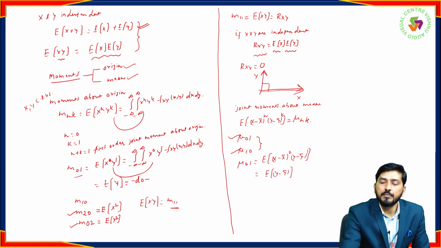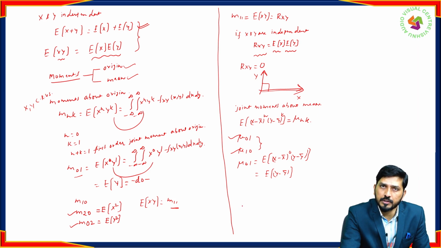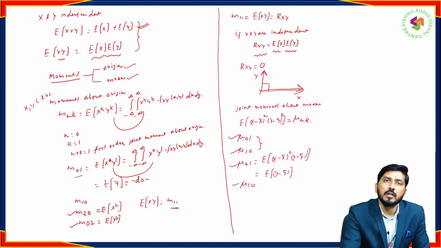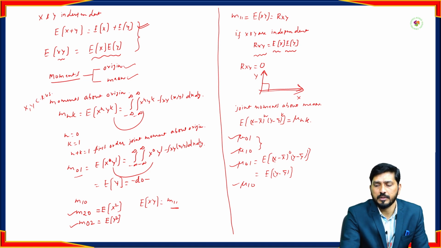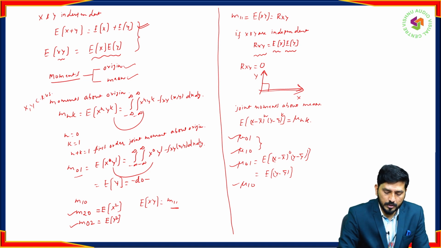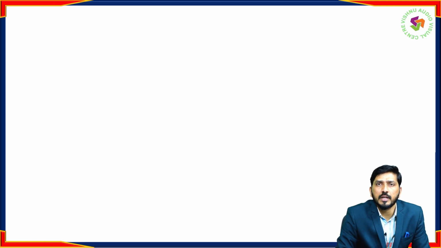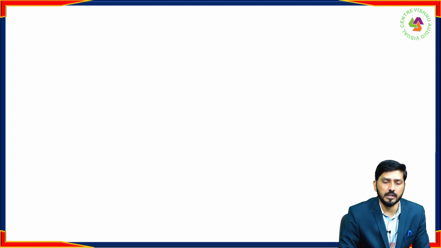Similarly, mu 10 is expectation of x minus x bar power 1 and y minus y bar power 0, so finally expectation of x minus x bar. These two are first order joint central moments about mean. If you say central moments, there is no need to say moments about mean again. You can simply say central moment. That is more than sufficient.